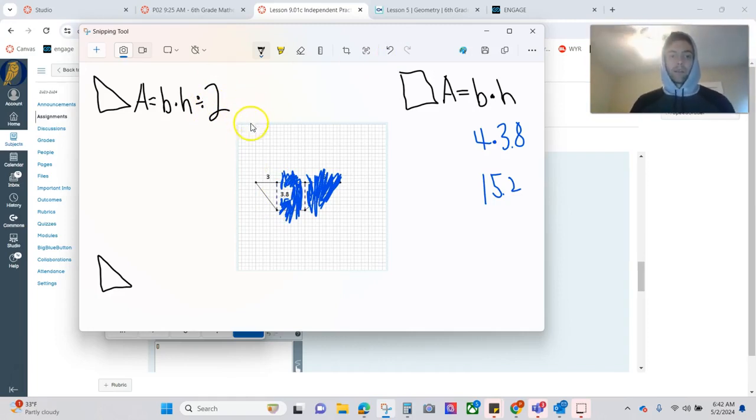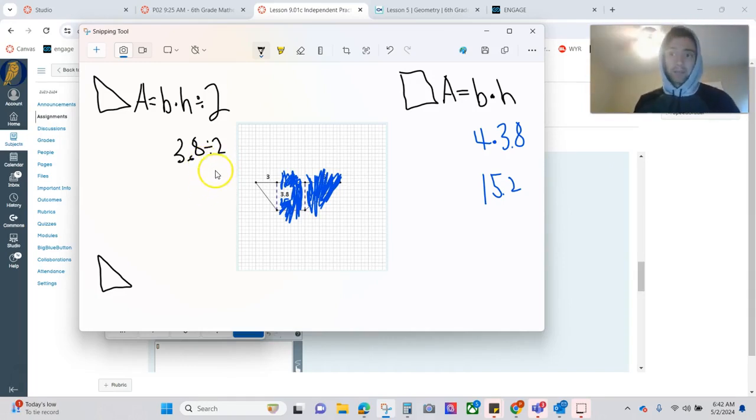So what is the base and what is the height? Looks like the height is 3.8. Right? Do you agree? From the bottom of the triangle to the top of the triangle, the height is 3.8. But what's the base? The base has to be a vertical or horizontal side of the shape that has the height going out of it or coming into it at a perpendicular angle. So the base does not have to be the bottom.